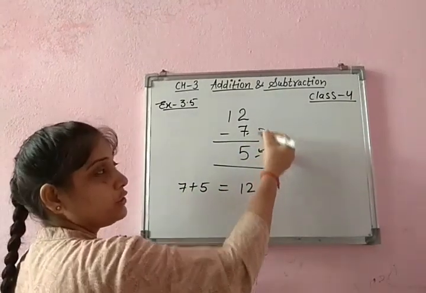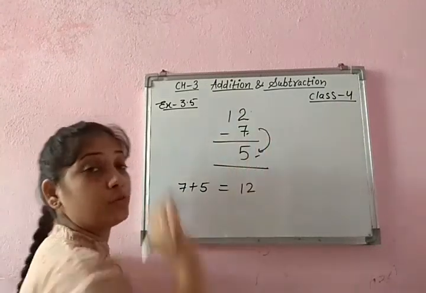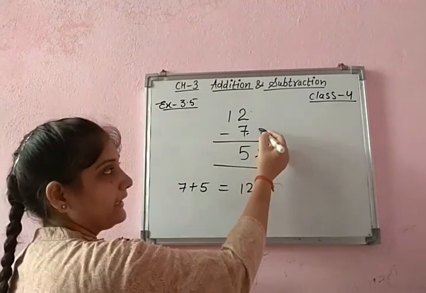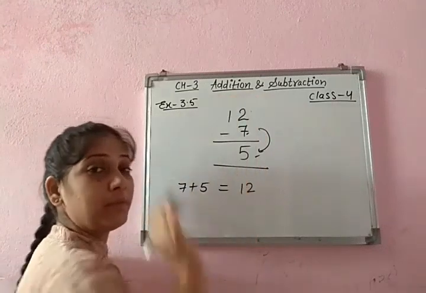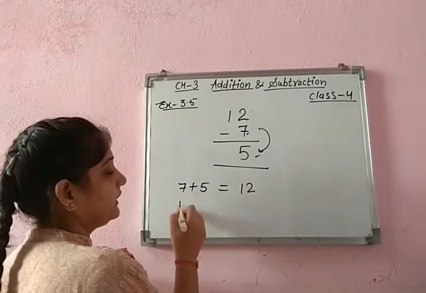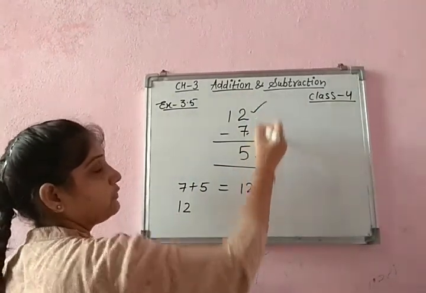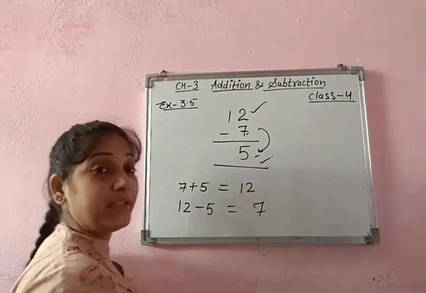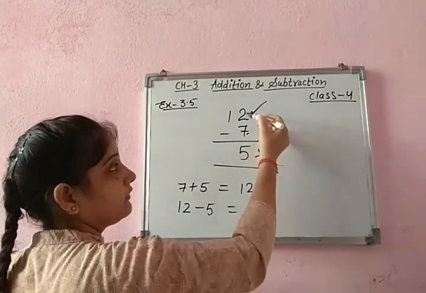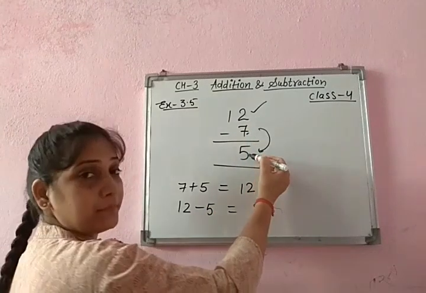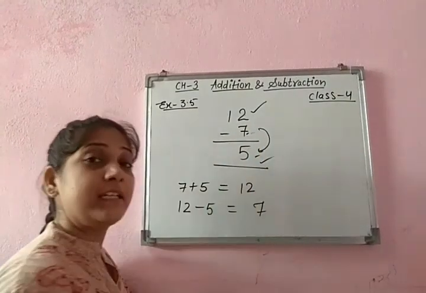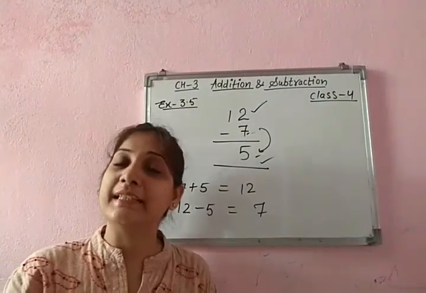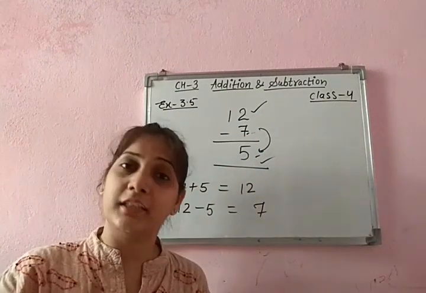It means the addition of subtrahend and difference gives me the minuend. The other thing, if from 12 I subtract 5, 12 minus 5 gives me 7. So from minuend, if I subtract difference, it will give me subtrahend. I hope these points are clear to you.